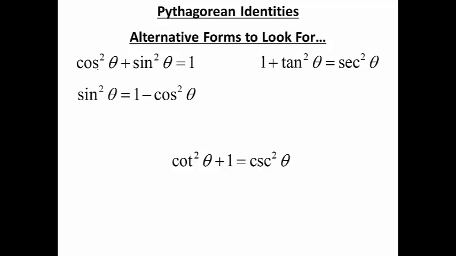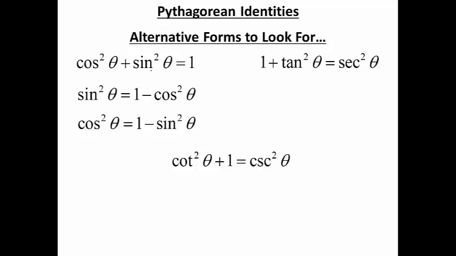For example, these two are the exact same as this one. On this one, all I did was subtract cosine squared from both sides, canceled on the left, and now I have 1 minus cosine squared on the right. Same thing with the second one: I have 1 minus sine squared instead of cosine squared plus sine squared.